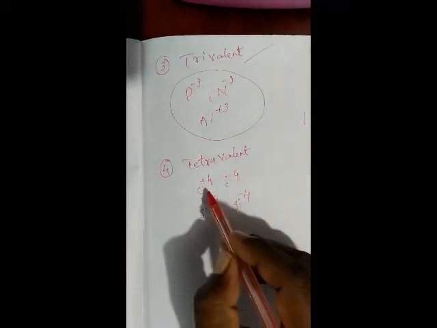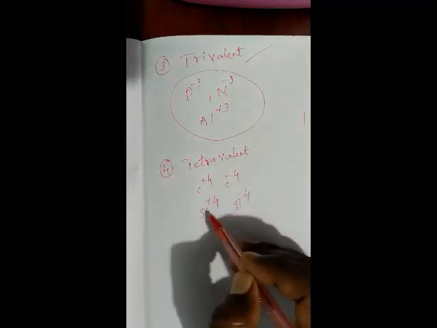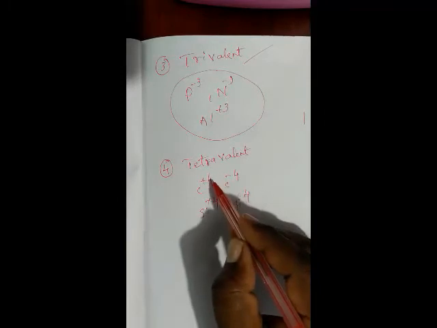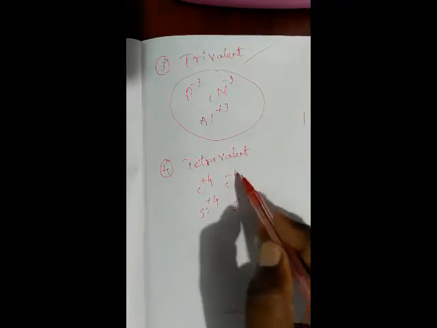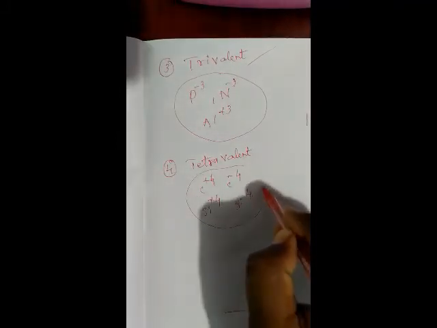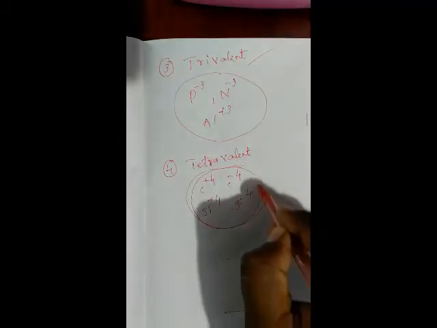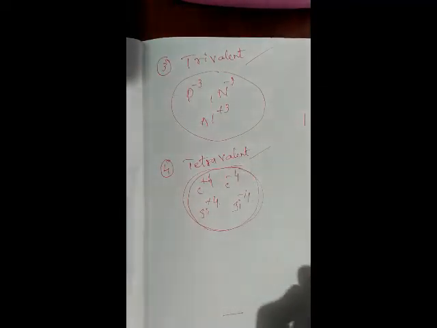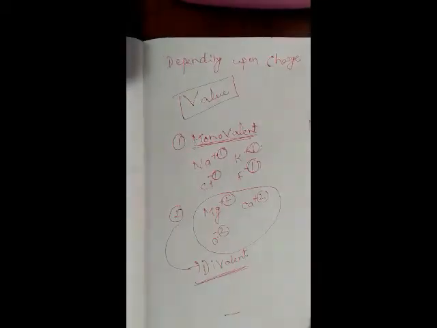See here, C plus 4 is an ion, C minus 4 is an ion, Si plus 4 is an ion, and Si minus 4 is also an ion. Here the charge value is 4 for each. So the ions which contain charge value 4 are known as tetravalent.